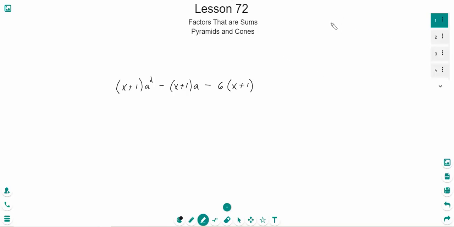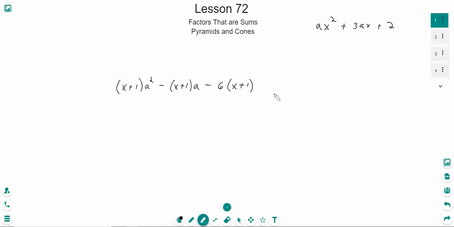If I have something that looks like this, maybe ax squared plus 2ax plus 3. Actually, we'll switch that. Let's make it ax squared plus 3ax plus 2a.